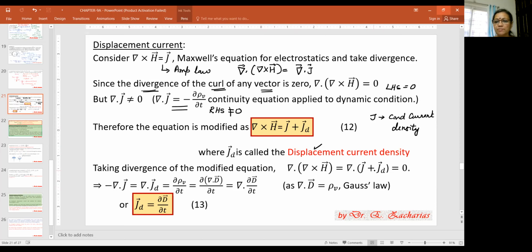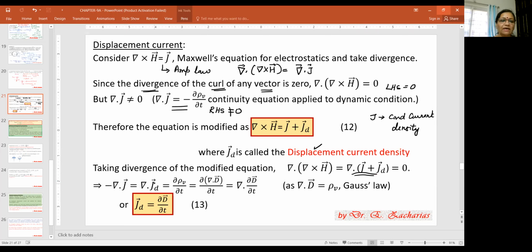You know that del dot J cannot be 0, but there is nothing preventing del dot J plus JD from becoming equal to 0. Let us see the outcome. The outcome of del dot J plus JD equal to 0 will be that minus del dot J will be equal to del dot JD.